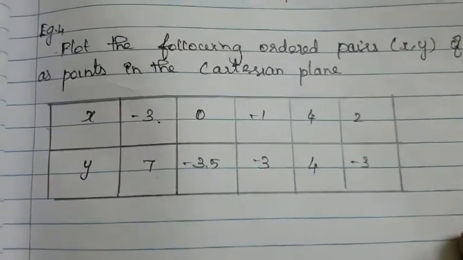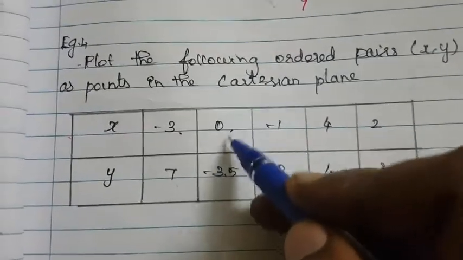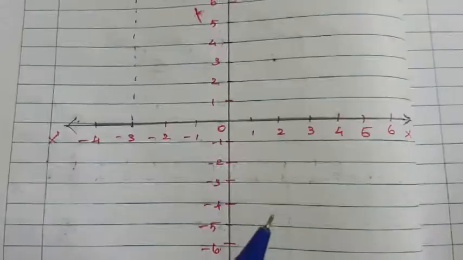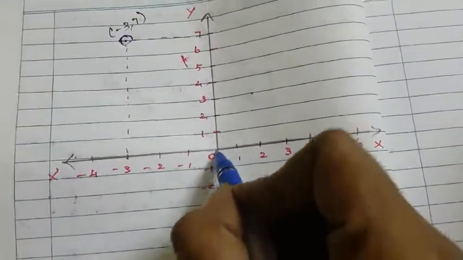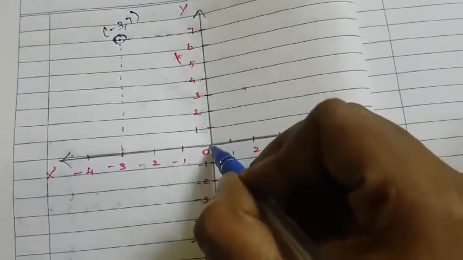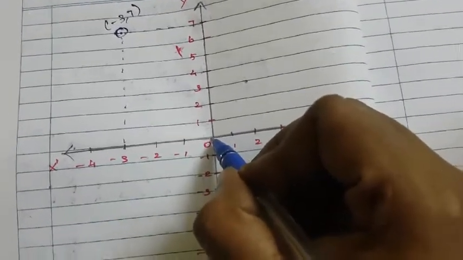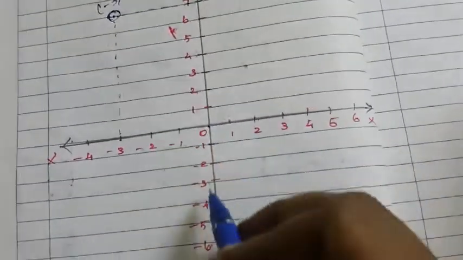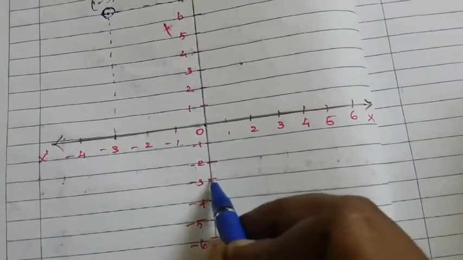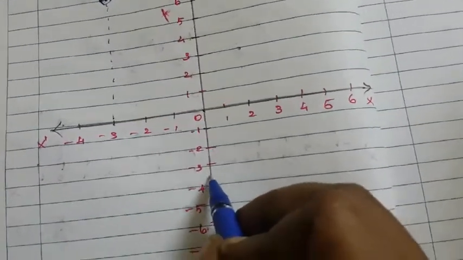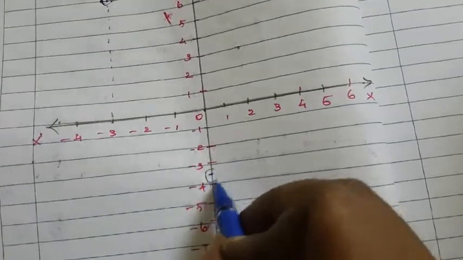Okay, so now the next point is (0, -3.5). 0 from the x-axis and -3.5 from the y-axis. Okay, 0 is here, and -3.5 means in between -3 and -4. So here it will be.